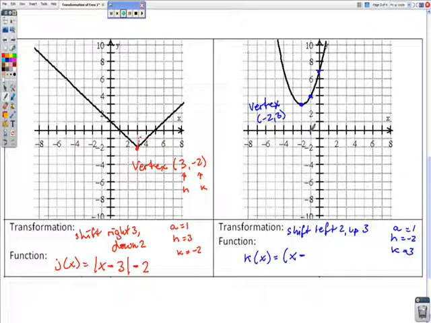So that negative sign on the 2 changes my minus to a plus. And we have 2. Then the function itself is applied, the squaring. And then afterwards, we have an effect on the output. We're just going to shift that up 3. That's the value of k. So that is our function. X plus 2 all squared, or the sum of x and 2 squared, and then plus 3.